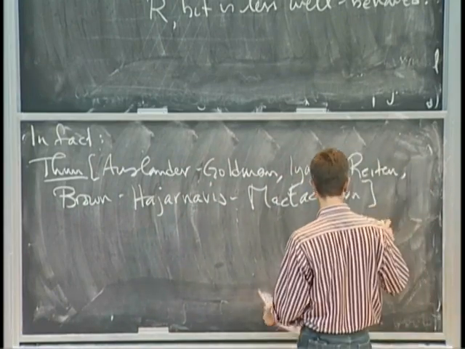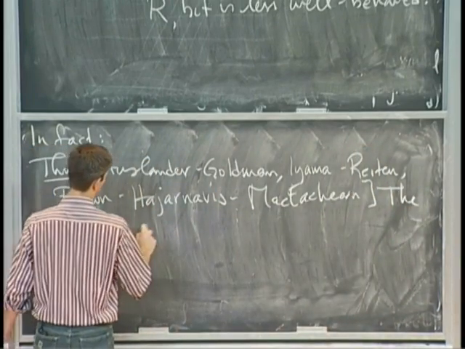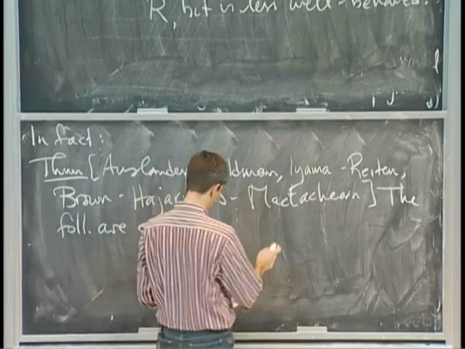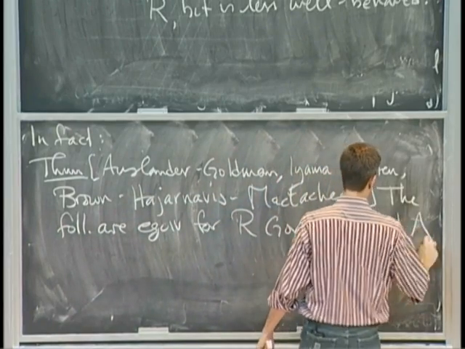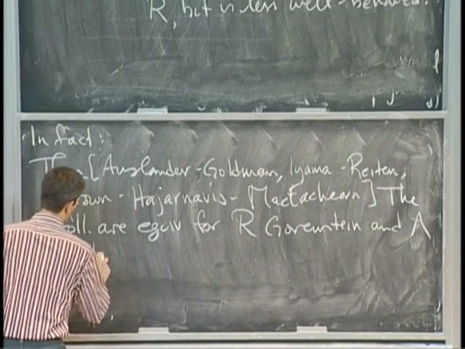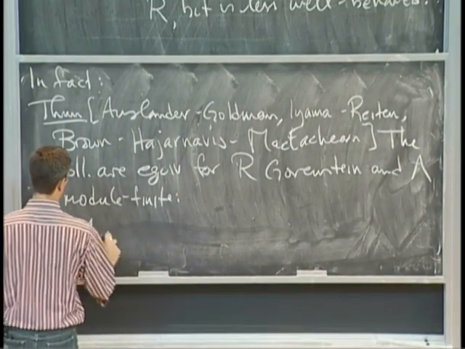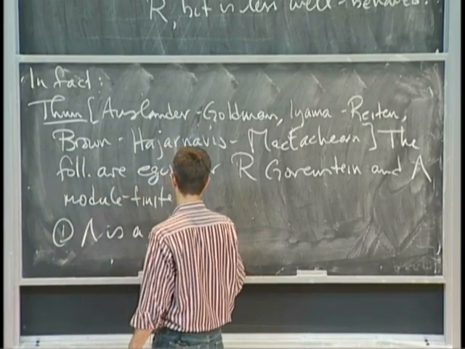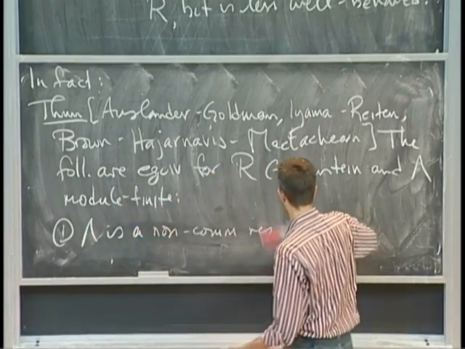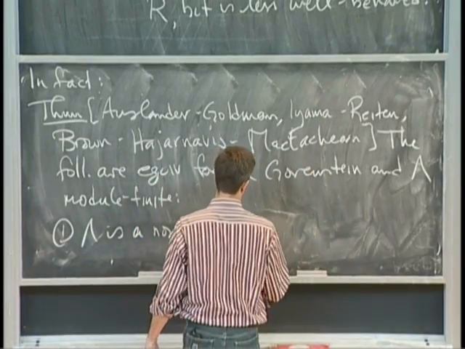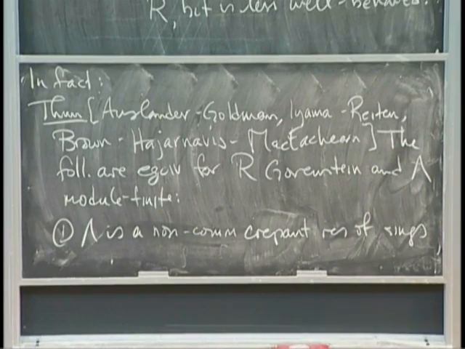It says that the following are equivalent for R Gorenstein and lambda module finite. First, lambda is a non-commutative Crepant resolution of singularities in the sense over on the far left.